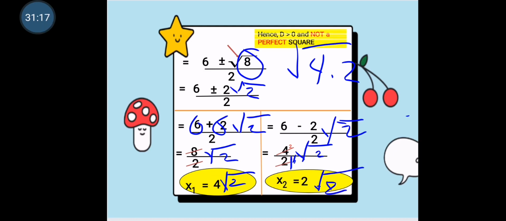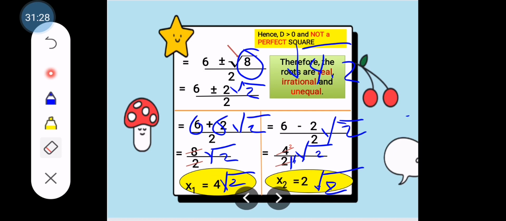So, dahil dyan, since the discriminant is greater than 0 and not a perfect square, sabi kanina, always expect that the roots are real. Ayan, real naman siya. 4 and 2, real. Irrational. Bakit naging irrational? Kasi naka-radicals na po. Ayan, square root of 2, square root of 2.